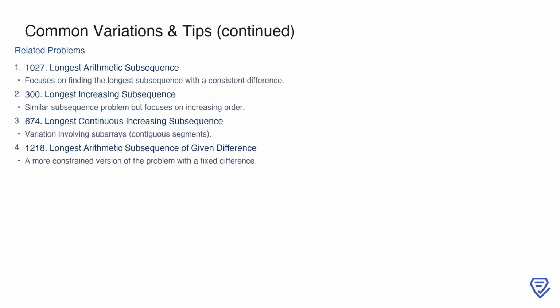Problem 674, the longest continuous increasing subsequence, shifts the focus to subarrays instead of subsequences, meaning it requires contiguous segments. Finally, the problem at hand, 1218, is a more specific version of the arithmetic subsequence problem, as it constrains the difference to a fixed value. These variations highlight how small changes in constraints can lead to different problem-solving strategies.